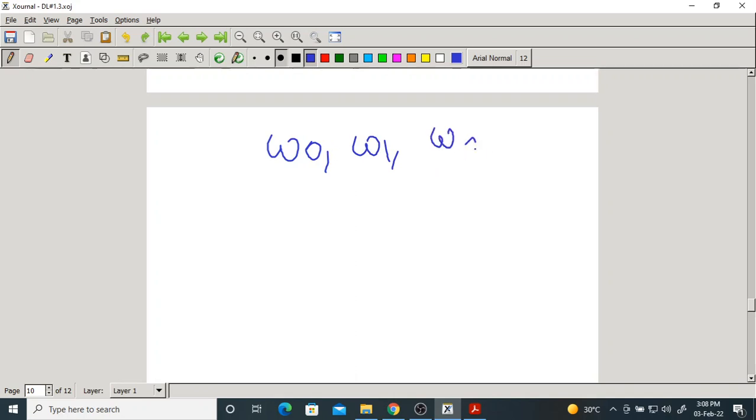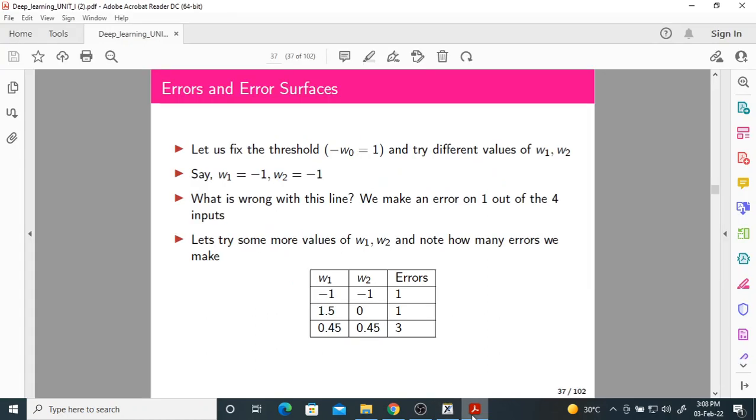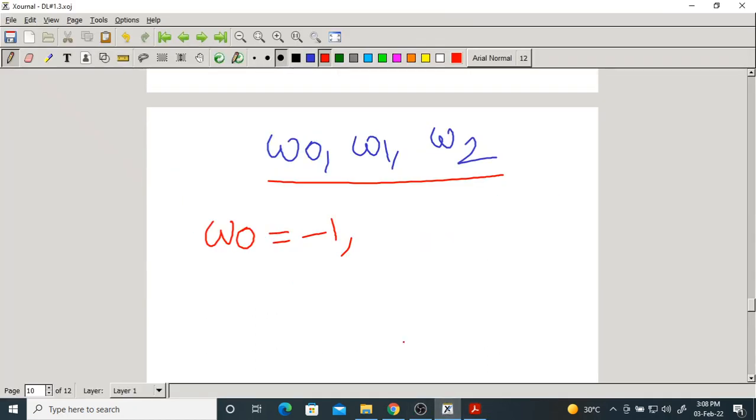We can choose them arbitrarily. So let us fix W0 equal to minus 1. Now for the remaining, I am saying W1 and W2 both are minus 1.